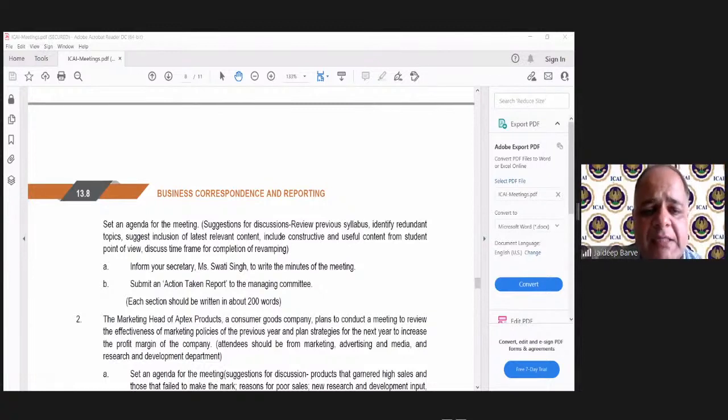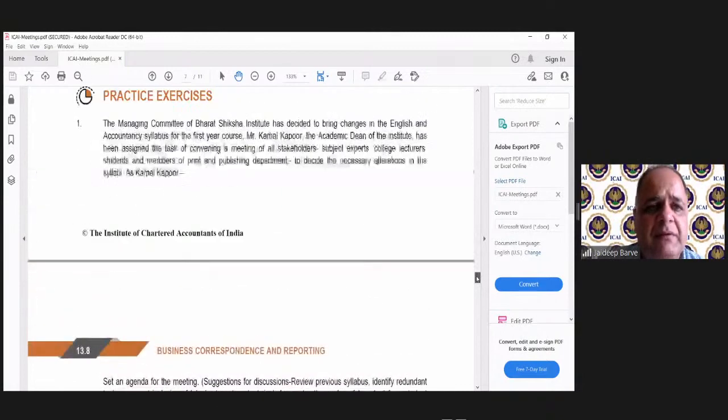Let me go back to that screen now. Same question, I'm again repeating the question. The managing committee of Bharat Shiksha Institute has decided to bring changes in the English and accountancy syllabus. The dean, Kamal Kapoor, has been assigned the task of convening a meeting of all stakeholders.